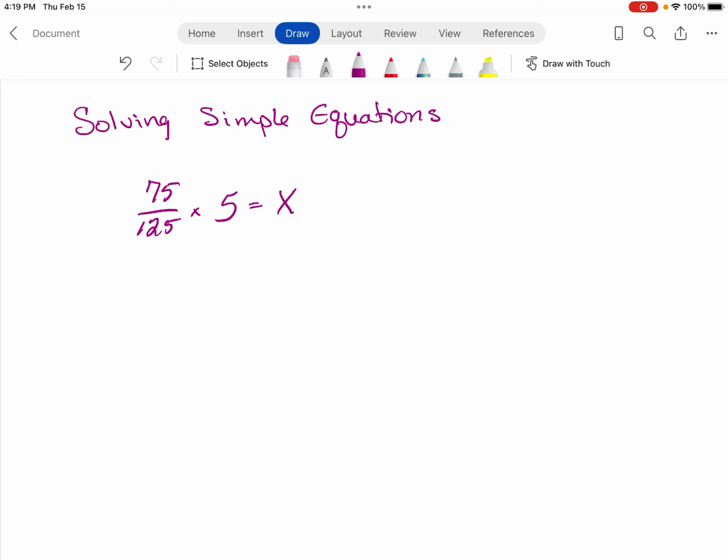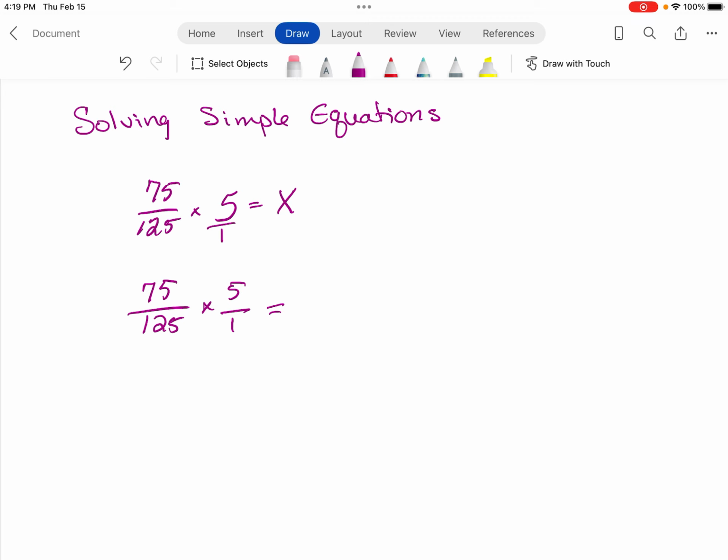In order to do this, I just want to put my 5 over 1, so I'm multiplying a fraction times a fraction. And remember, when multiplying fractions, we can cancel within the fraction, we can cancel across or diagonally, or we can just multiply straight across and reduce our fraction. Since most of my students like to multiply straight across, that's what I'm going to do.